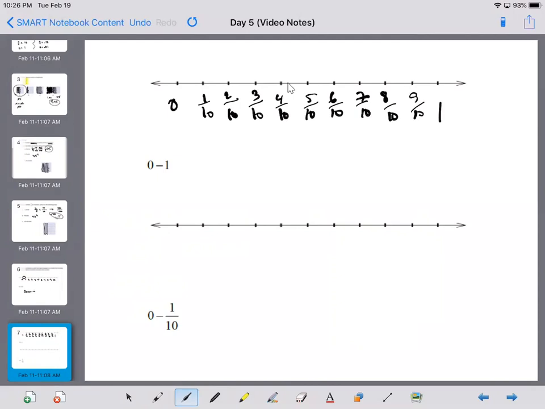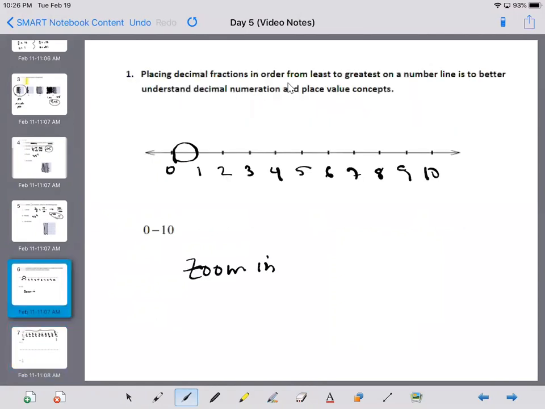And 1 is the same thing as 10 tenths, and 0 tenths is the same thing as 0. So we just looked at it from here to here, and all of these numbers were what we showed before, that was in this area right here. So we just zoomed in.